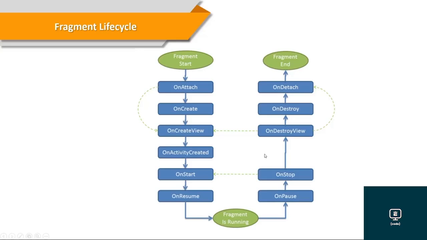Now, after the onDetach method, the fragment is completely closed. We spoke earlier about these algorithm milestones in the previous videos. So now I want to show you how these methods work in Android Studio.